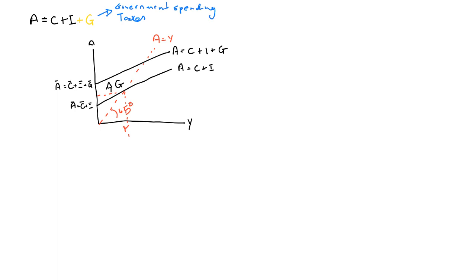But as soon as you look at the next equilibrium point, we then have Y2. This is E2, and this is E1. This is how we see that there has been an increase in income, but also an increase in aggregate spending as well.